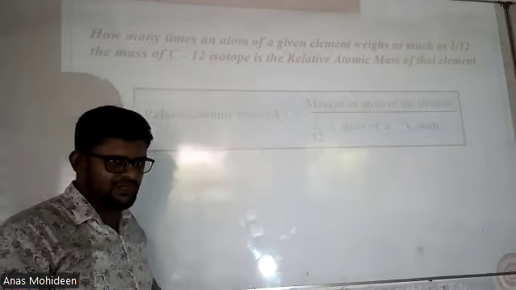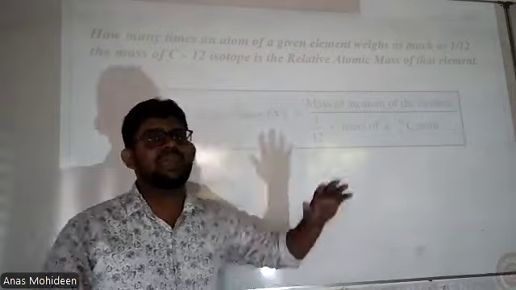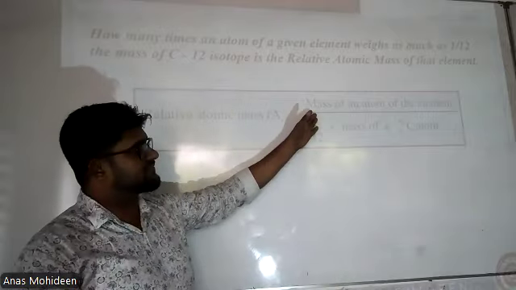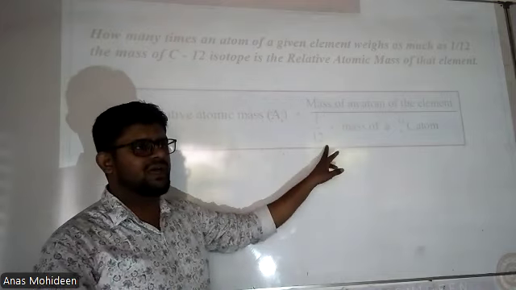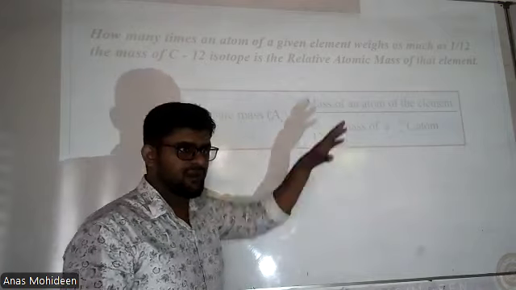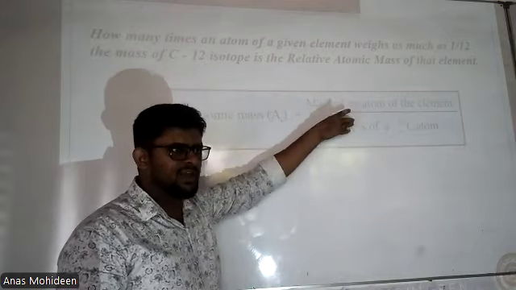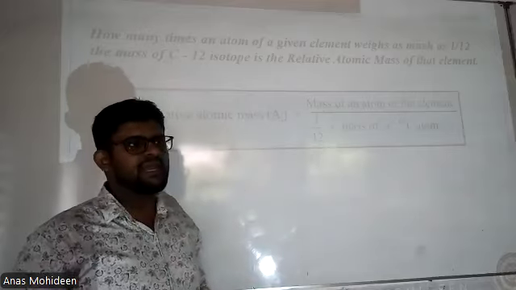Relative atomic mass is equal to the real mass of the atom divided by AMU. AMU means 1/12 the mass of carbon-12 isotope. You got it? You are dividing the real mass of the atom by AMU.